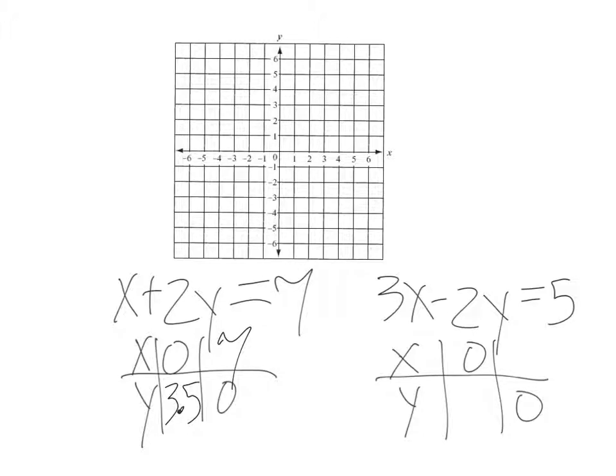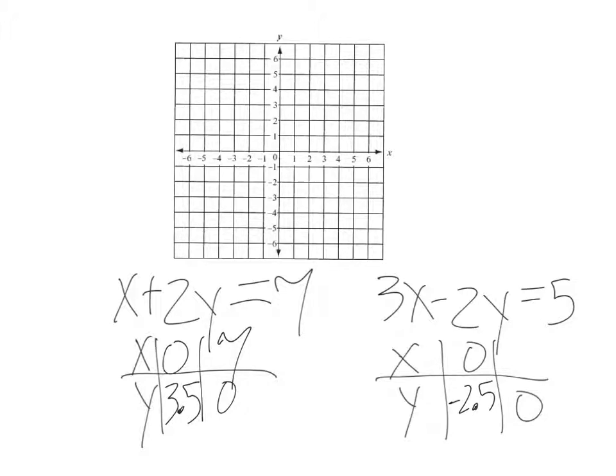Then we're going to come over to our second equation, and that's 3x minus 2y equals 5. So again, if we put 0 in for x, 3 times 0 is 0, negative 2y equals 5, so that's going to give us negative 2.5.